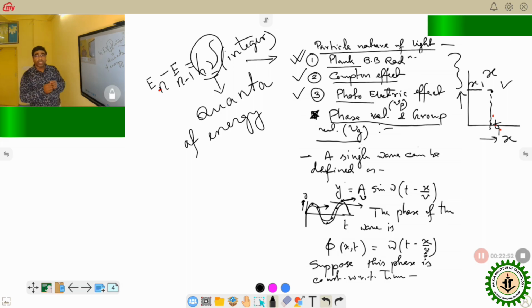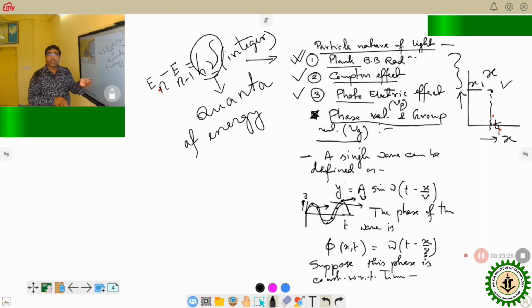It is only possible if I superpose so many waves related to a particle, having small differences in their wavelengths or wave numbers and frequencies, and we superpose them depending on their condition of superposition.